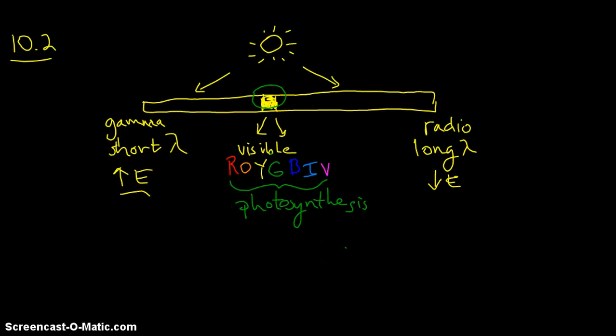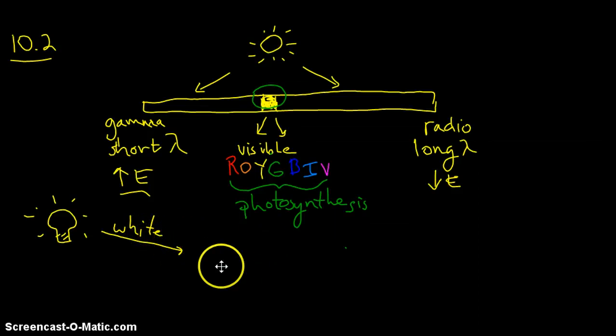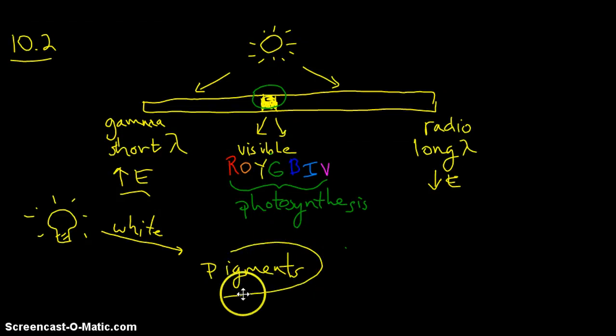So if we look at this overall, we have this white light that we see and perceive, or from which we see and perceive color. That white light will then strike certain surfaces. Now, molecules that we're going to focus on are called pigments. In the cell, pigments are proteins that will absorb certain wavelengths of light and reflect or transmit others.